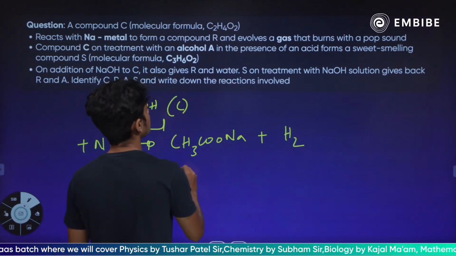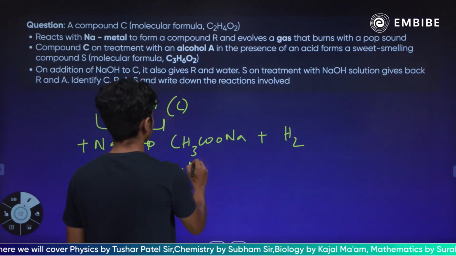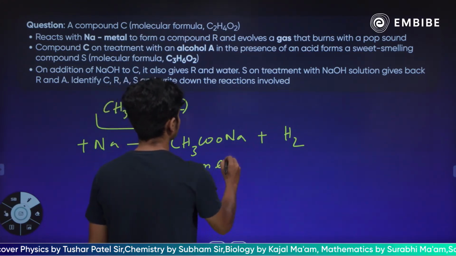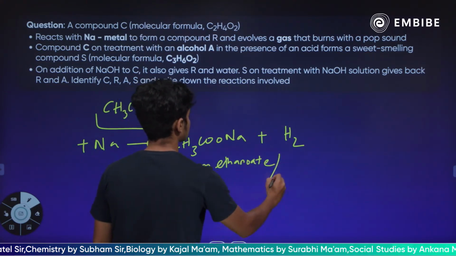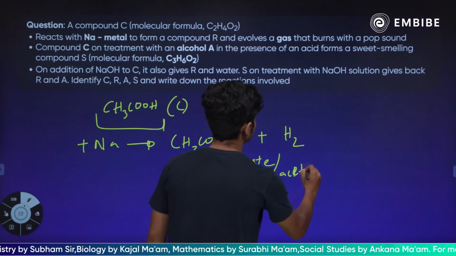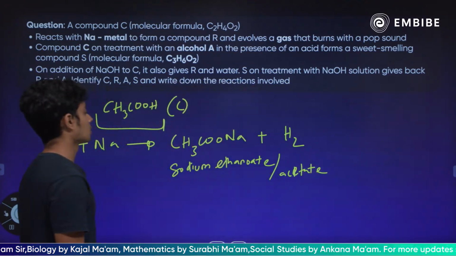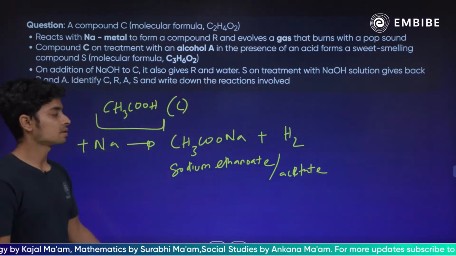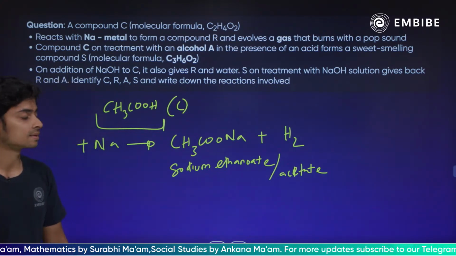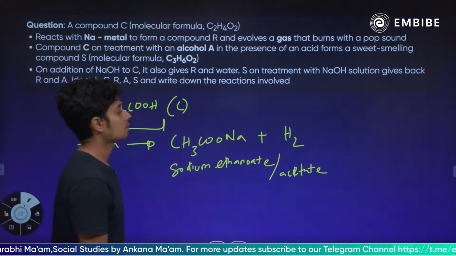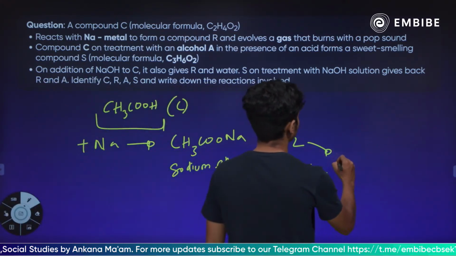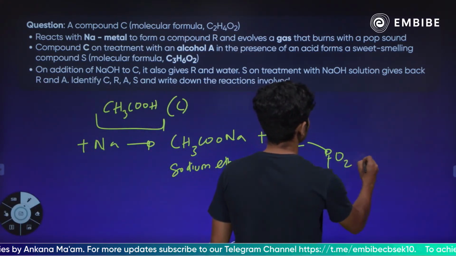So this is my sodium acetate or sodium ethanoate. You can write it as sodium ethanoate or acetate, both are correct, because CH3COOH is called ethanoic acid as well as acetic acid. The gas burns with a pop sound. So hydrogen, when it reacts with oxygen, O2, gives you H2O.